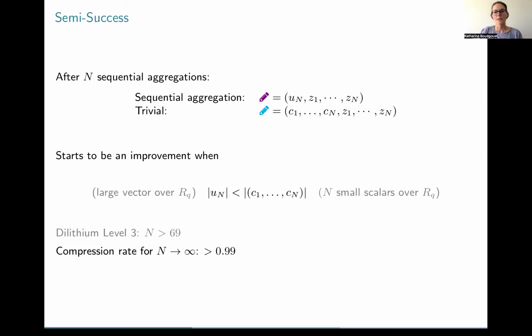But what happens is that the compression rate is not very good because the challenges are comparatively small. So the factor they attribute to the linear part of this trivial concatenation is pretty small. So yeah, for 1 million signatures aggregated, you're still at 0.992 compression rate. So the question is whether it really makes sense to do it.